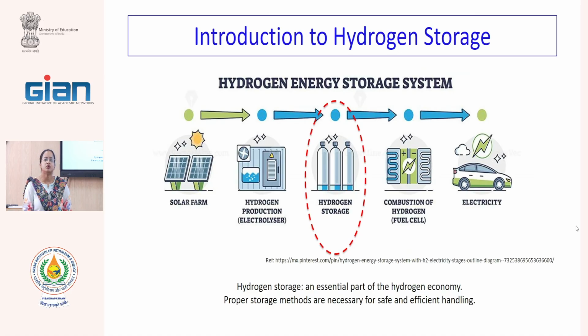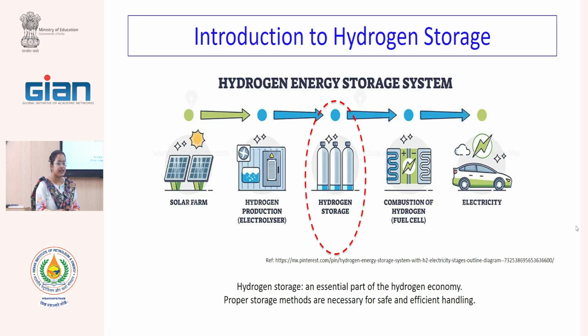Now, after that, we need to use this hydrogen. So, is it always possible to use the hydrogen where you produce? No, it is not always possible. In that case, you might be required to transport this hydrogen from one place to another place, or maybe you are producing the hydrogen at a certain time of the day, and you need to generate the electricity at a later time of the day.